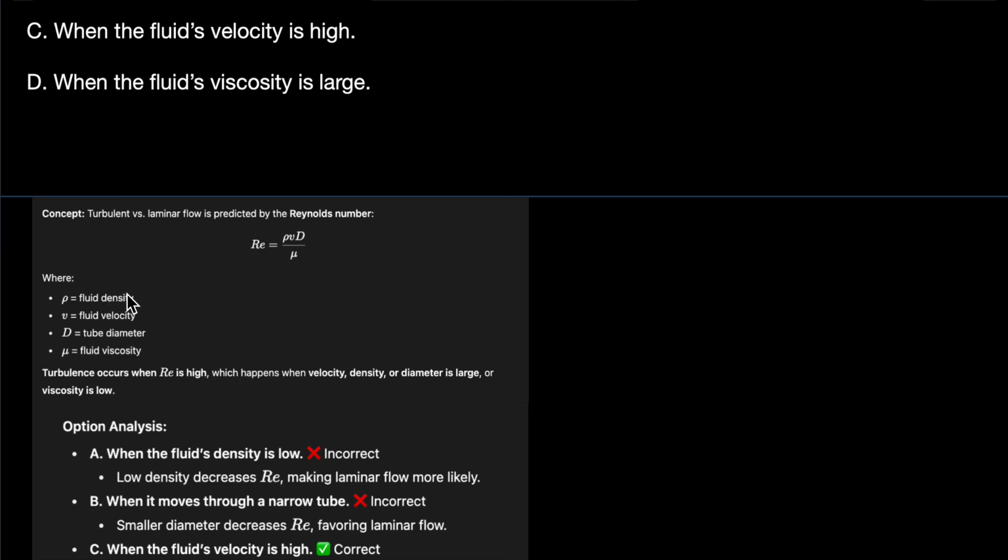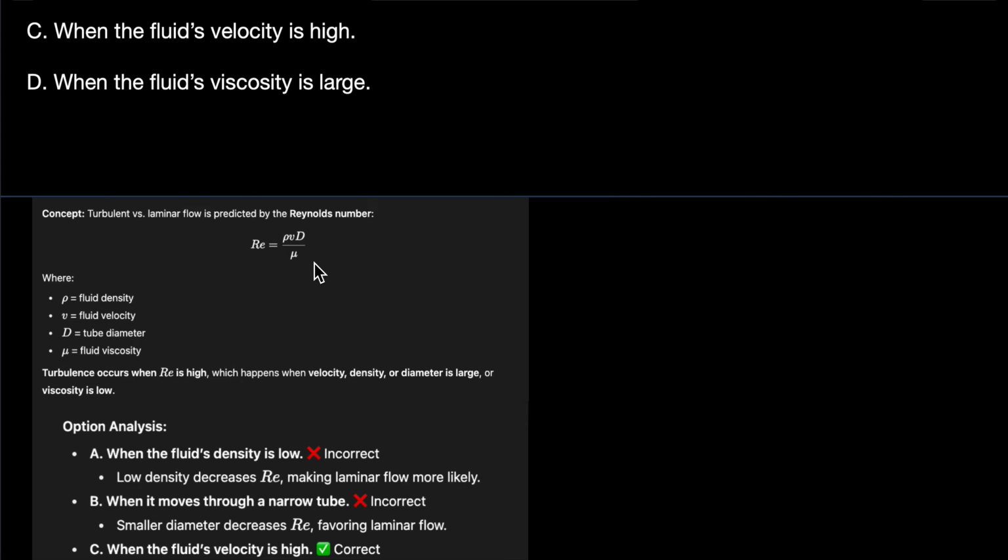If the fluid density, rho, is high, the Reynolds number is high too. If the fluid velocity is high, the Reynolds number is high too. If the tube diameter is large, the Reynolds number is large too. If the fluid viscosity is large, the Reynolds number is small.